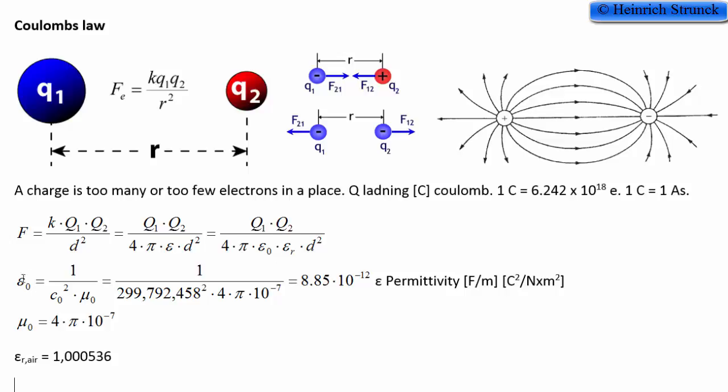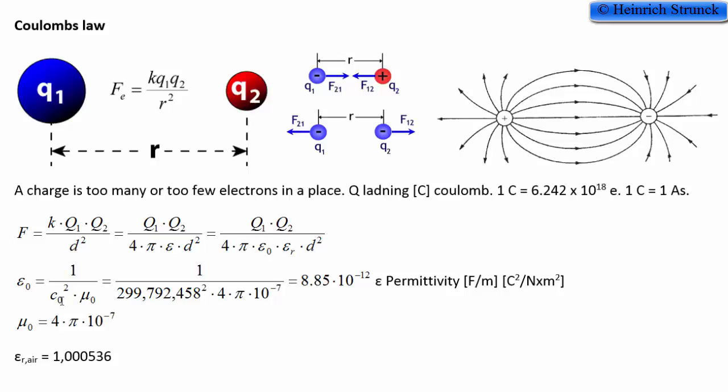Epsilon 0 is calculated down here, and it is 1 divided by lowercase c0 squared, multiplied by the permeability. The permeability is actually the conductance for magnetic fields, and it is also in vacuum. This number is 4 times pi times 10 to the power of negative 7.